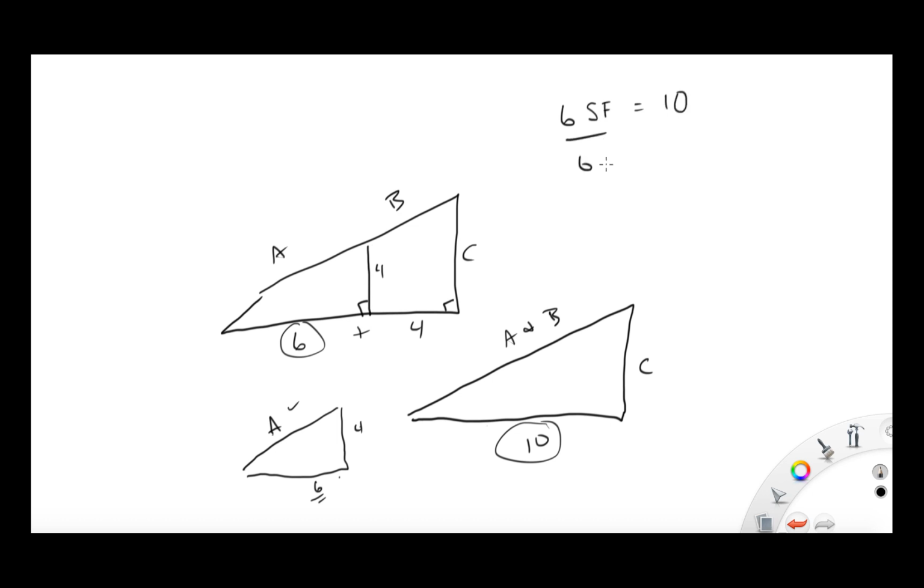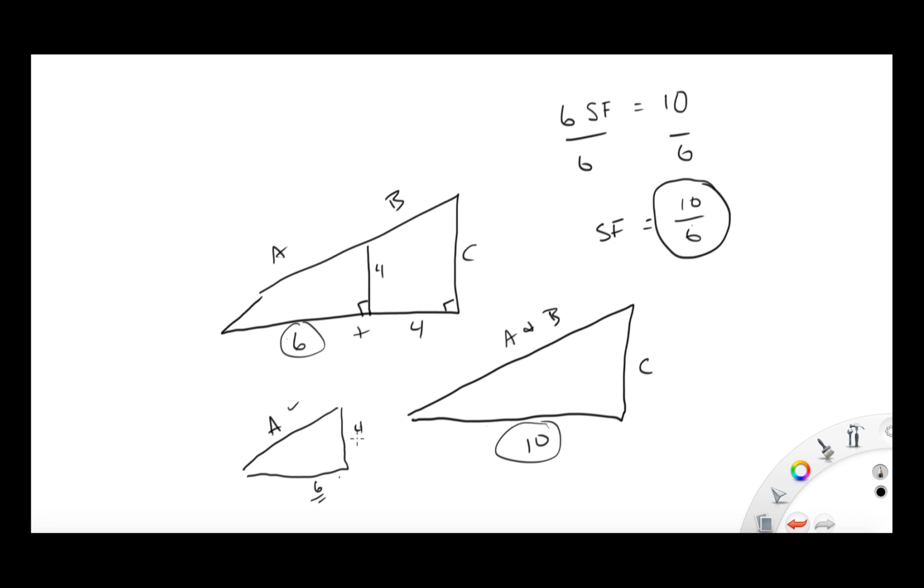Divide by 6, divide by 6. So the scale factor is equal to 10 over 6. So we can use this fraction to multiply by any number to get the whole. Just note that that is the way we figure these things out.